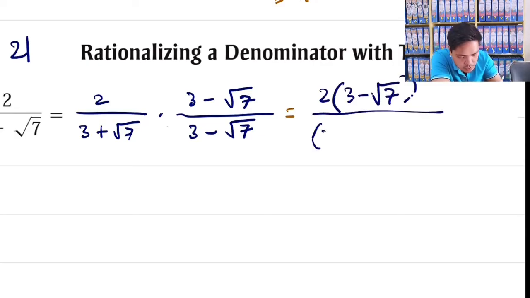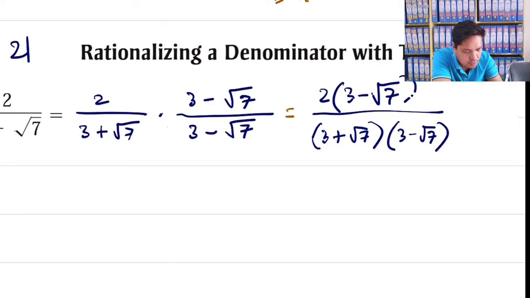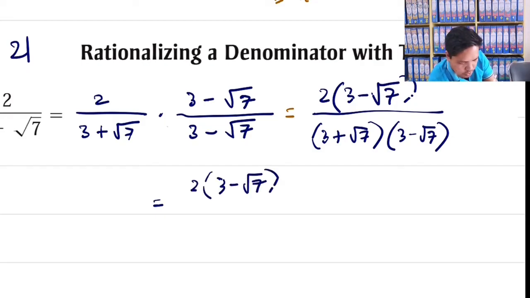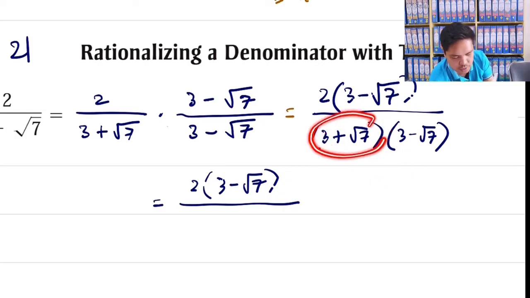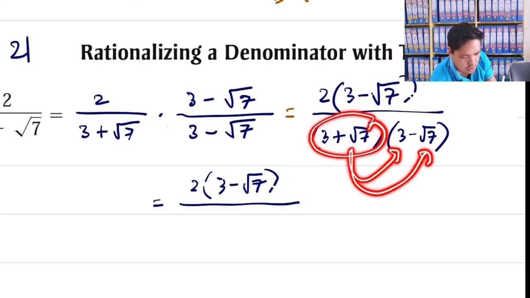Okay, I'll write 3 plus square root of 7 times 3 minus square root of 7. What I'll do here is the longer version of FOIL. So that's 2, 3 square root of 7 over, this is just one group. This one group, I will distribute inside. So this whole group, we distribute inside.